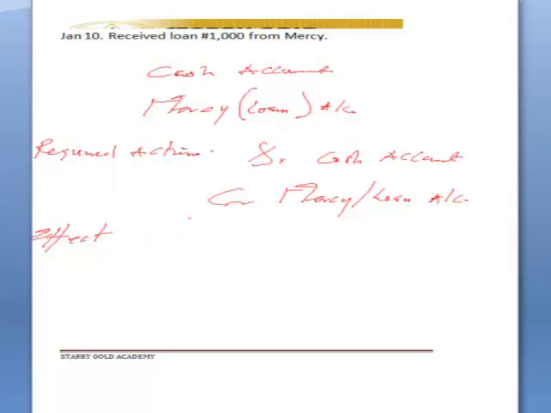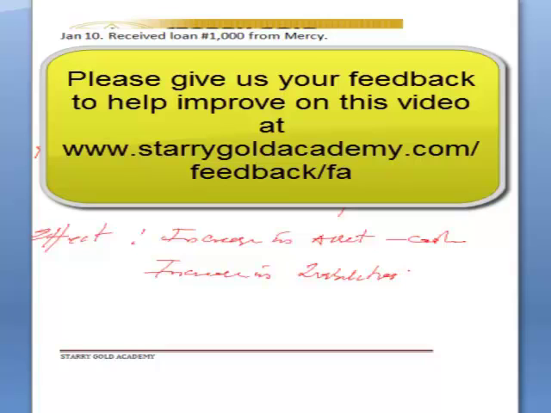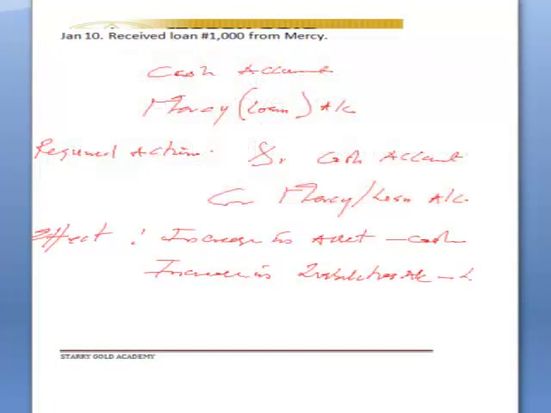What will be the effect? The effect of this is that there is an increase in assets, which is cash. Then there is also an increase in liabilities account, which is a loan or Mercy account.